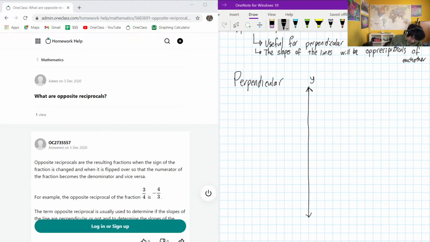Good job to me. Steady hands, not bad. Okay, so suppose that we have one line and we can make it a green line, and this has a slope of 1/2.